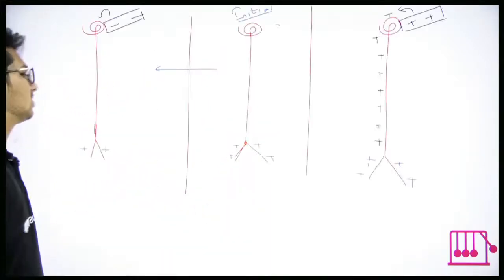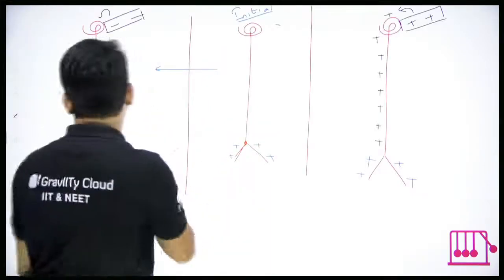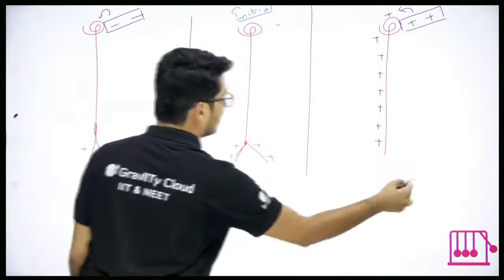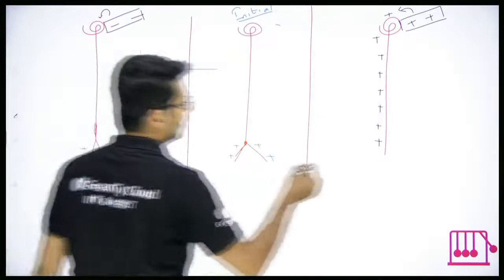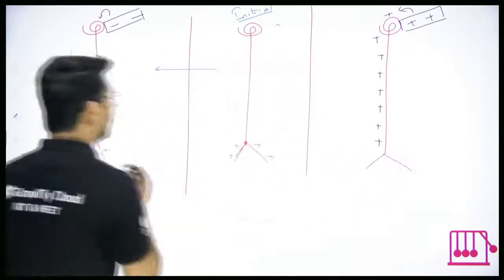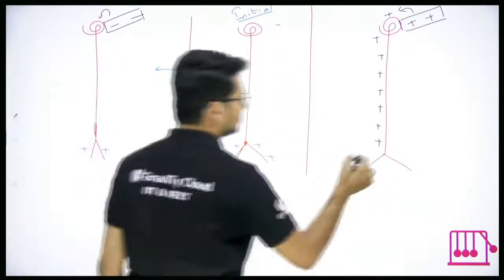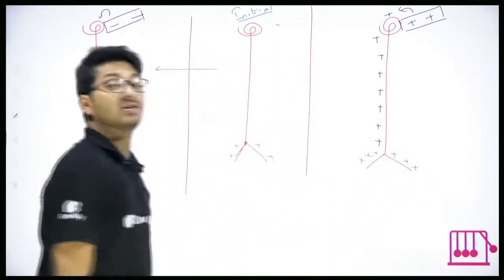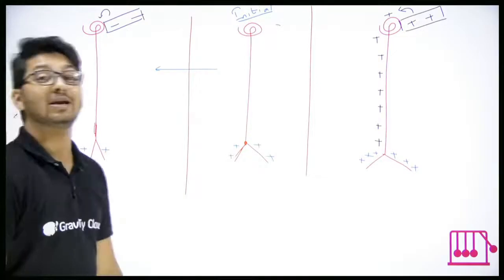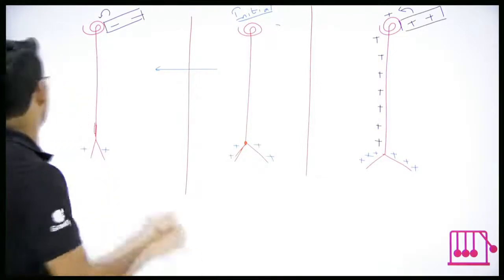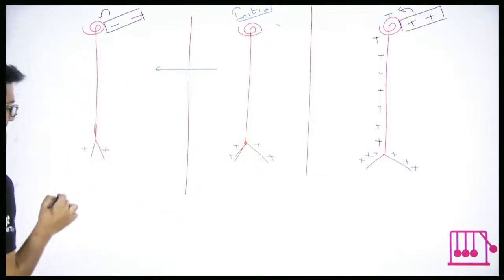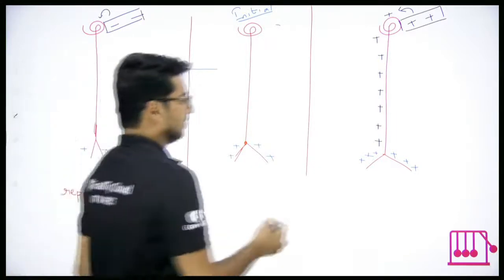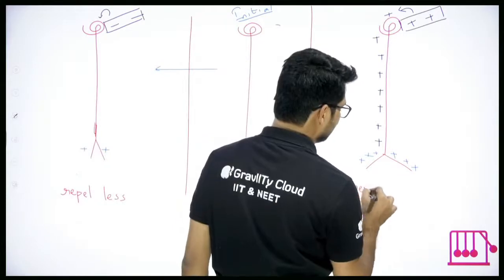So the number of positive charges increases. Then what happens to repulsion? Repulsion increases. They repel more in that case. So here, they repel less in this case, and they repel more in this case.